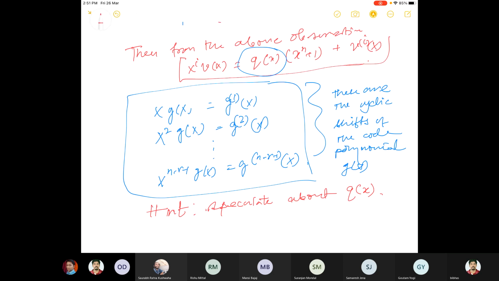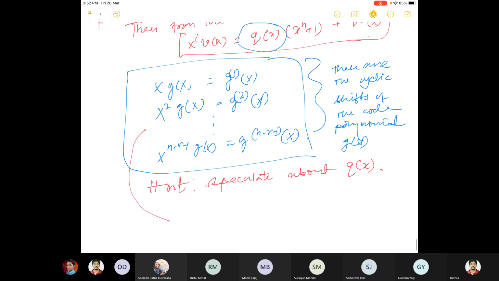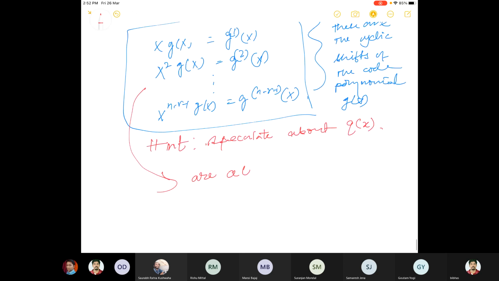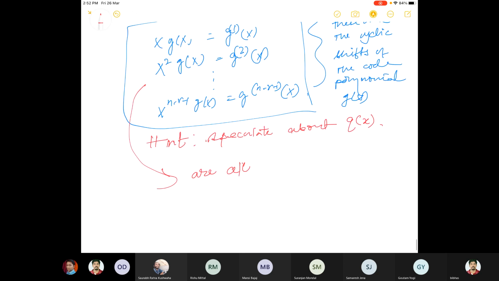Now, we have all the cyclic shifts: x times g(x), x squared times g(x), and so on up to x to the power n minus r minus 1 times g(x). They are the cyclic shifts. So these polynomials are all in C, because C preserves the property of cyclic shifting.